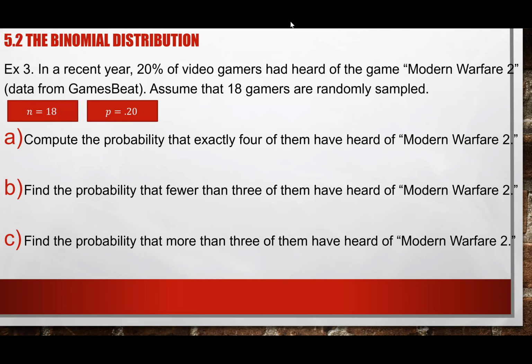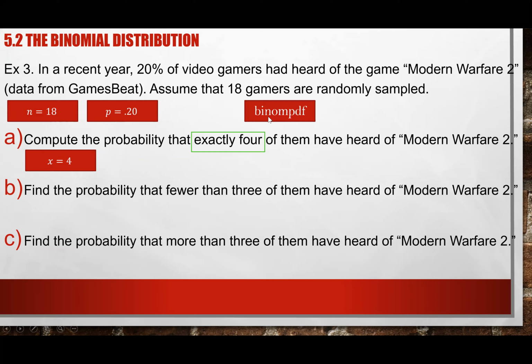And what would be my X value? My X value will be 4, whatever they give me. Because it's exactly 4, we use the binomial PDF, and again, a reminder.